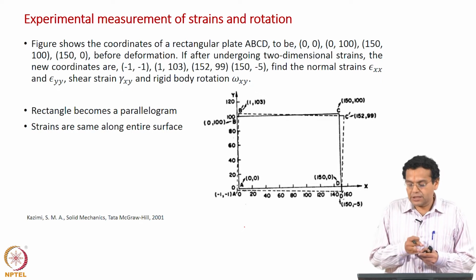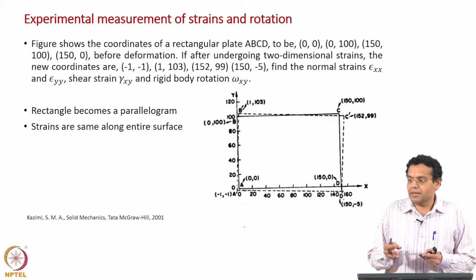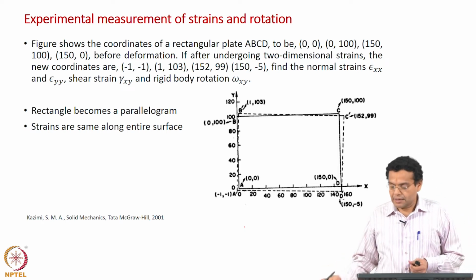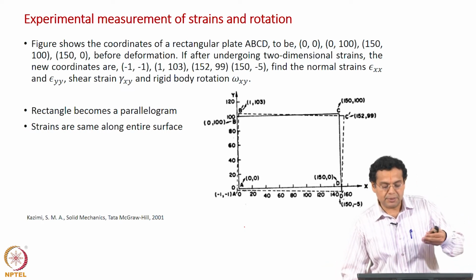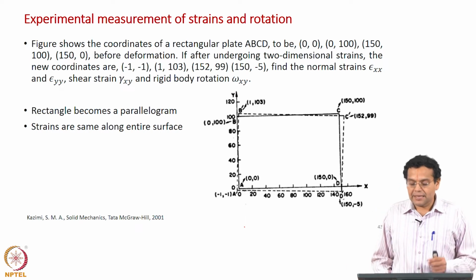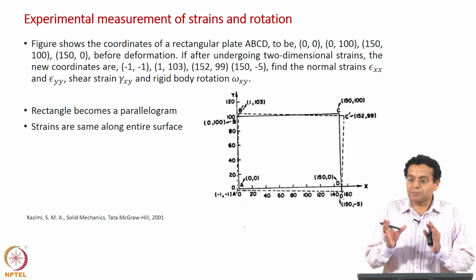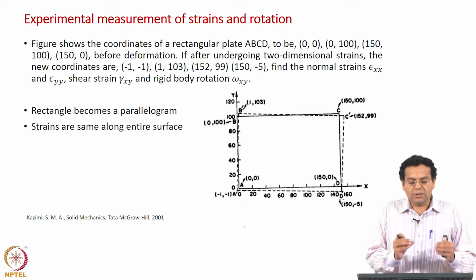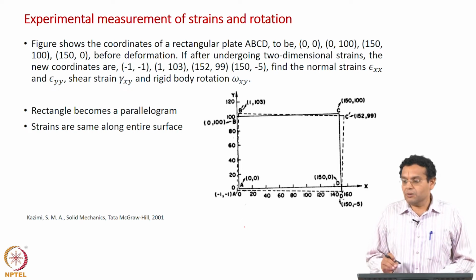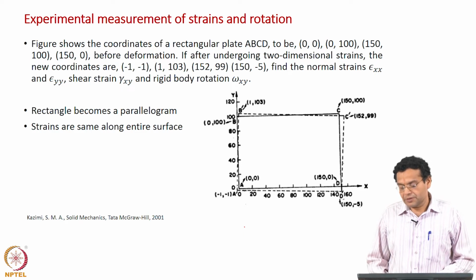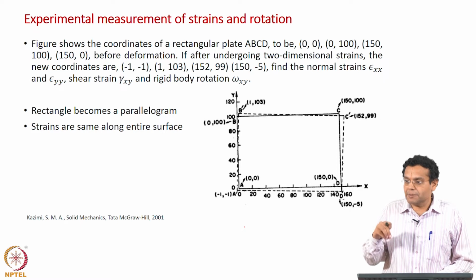And then of course, initial coordinates are given, the final coordinates are given. Okay. And the difference between the earlier example and this example is that earlier we were given a displacement field as an expression, a little more mathematical. Now, the salient feature of this example is that we are given the coordinates, which means that they are measurable.